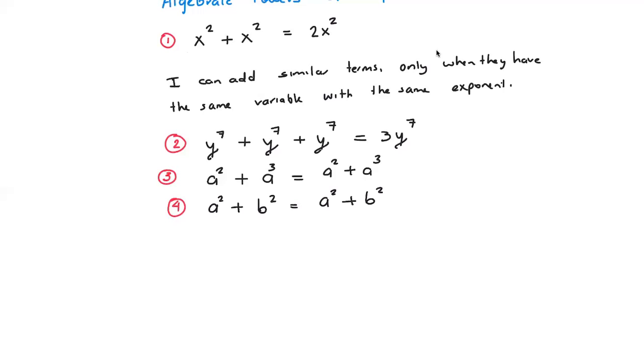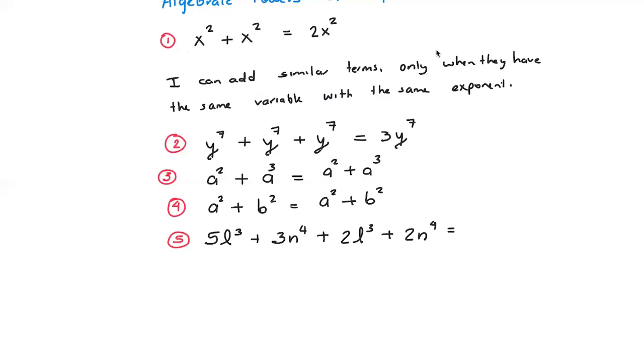So what about this one? What do you think we should do in a problem like this? Okay, let's say we have 5l to the third plus 3n to the fourth plus 2l to the third plus 2n to the fourth.